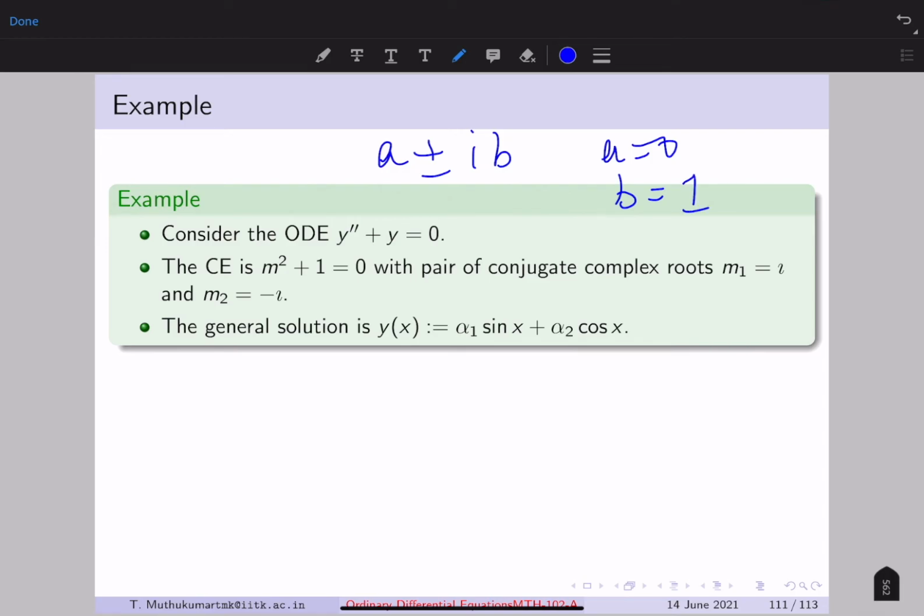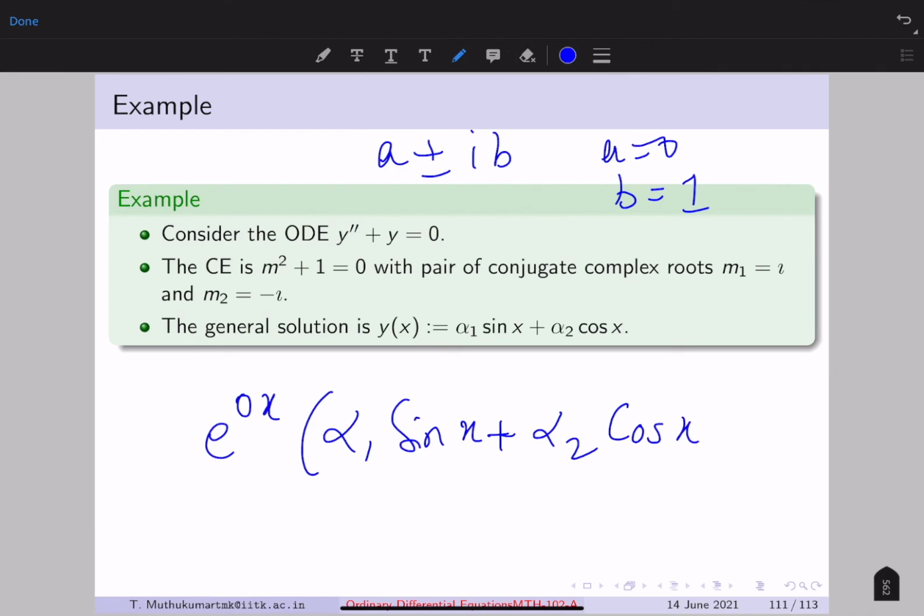So exponential of 0x, alpha 1 sine bx, which is sine x, plus alpha 2 cos bx, which is cos x. This is precisely what you have here.